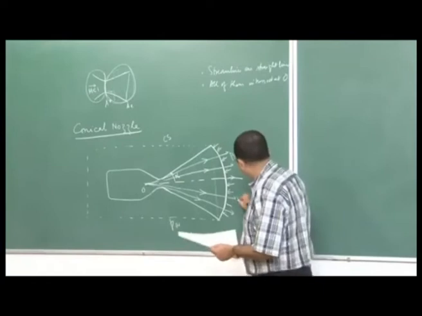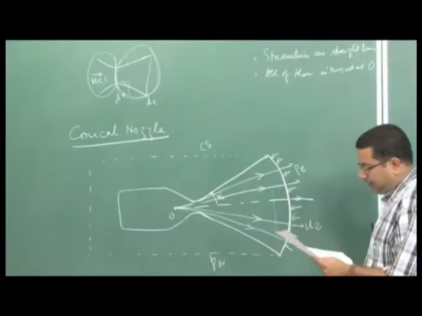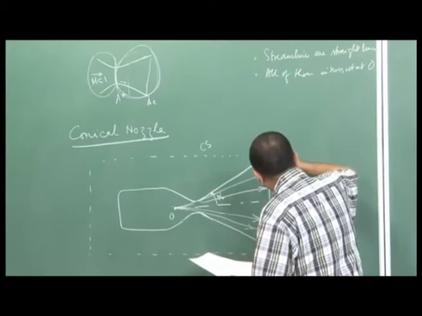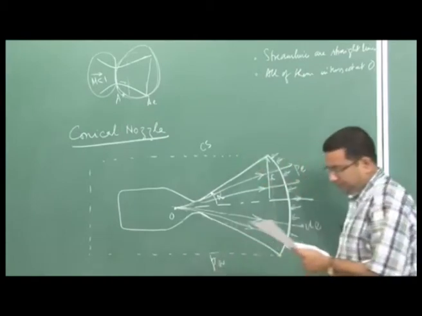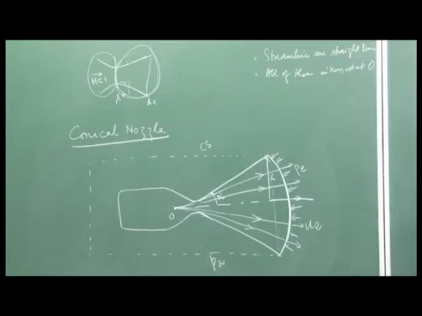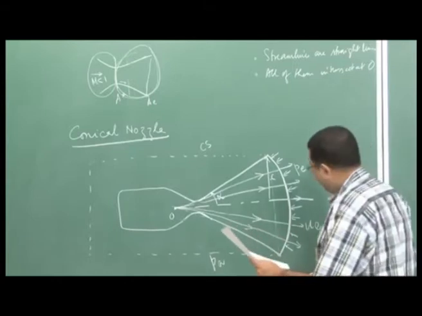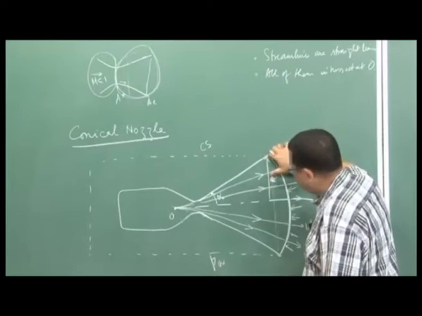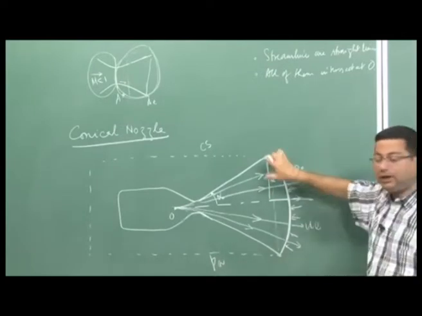Let us say the velocity of the flow coming out is u e. Let us also consider that the maximum radius at the exit is capital R.